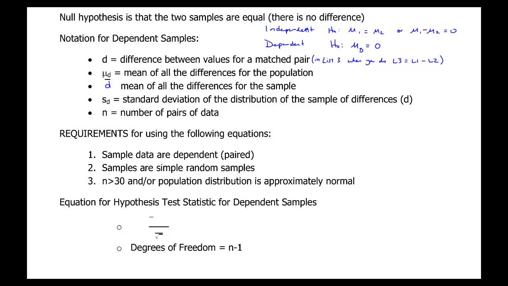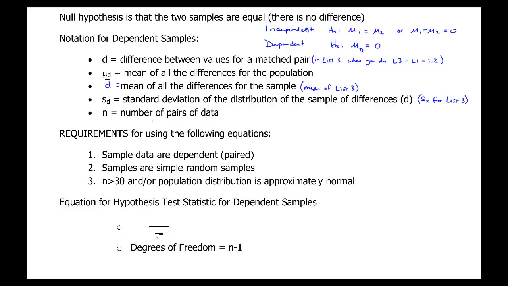We're going to use the notation D bar, which would be the mean of the differences for the sample. So this would be the mean of list 3, if you were to calculate that. The standard deviation, S with its subscript D, is the standard deviation of the differences again. So that would be the sample standard deviation for list 3.